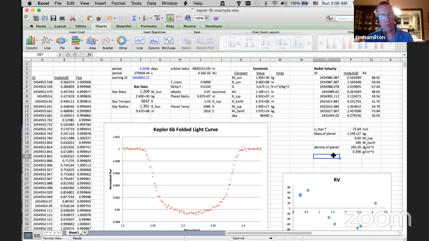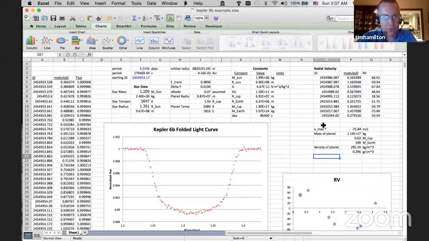Now, let's compare this to the density of water, which is 1 gram per cubic centimeter. So this has a density of less than 1/3 that of water. One of those senses where you see that thing about if you could put Saturn in your bathtub, it would float on it, ignoring all the compressing Saturn and that kind of issue. But anyway, it is less dense than water.